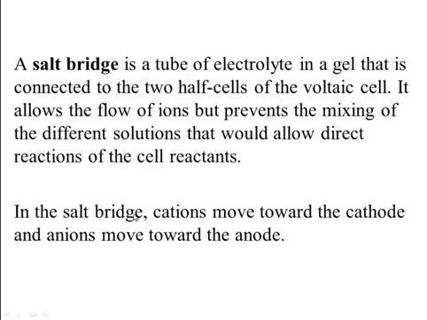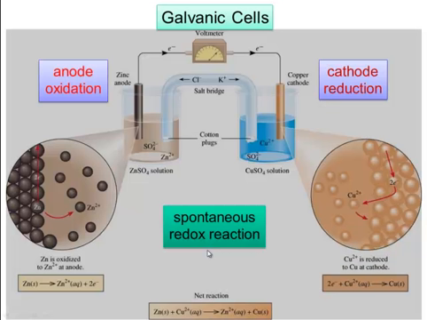So in a salt bridge, the cations will obviously move to the cathode whereas the anions will move to the anode. So let's go back to the diagram. You can see here that the salt bridge is filled up with an electrolyte. The electrolyte generally used is KCl. So as it is marked here, K+ ions are moving to the cathode whereas the Cl- ions are moving to the anode.